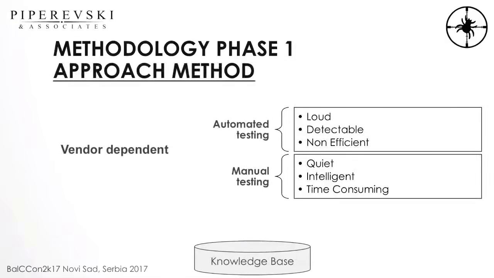The approach method is mostly vendor dependent, meaning that if you use automated tools, it will be loud, it will be detectable, and you should know immediately that it will not be efficient. So we are not in the 90s.